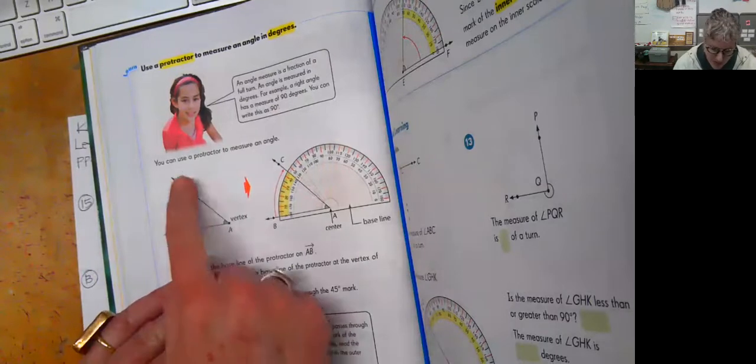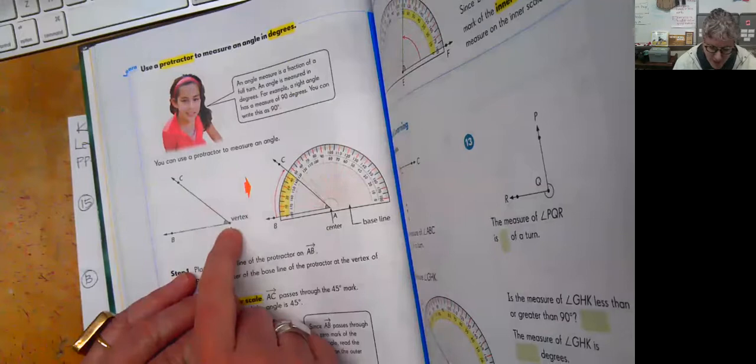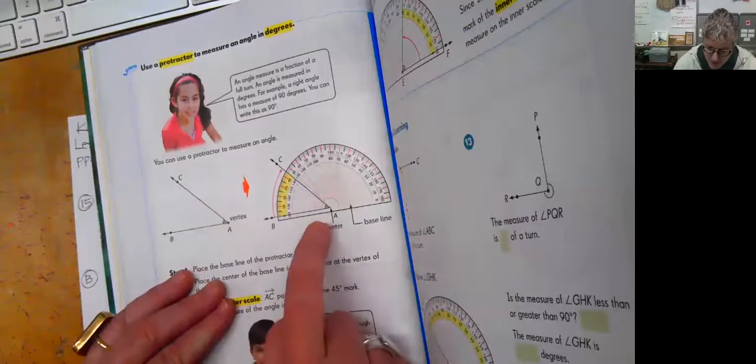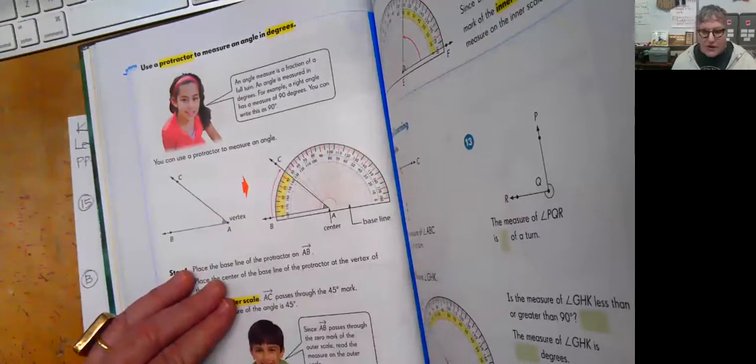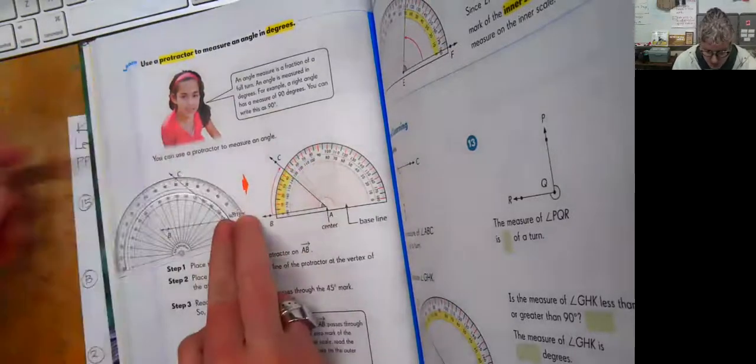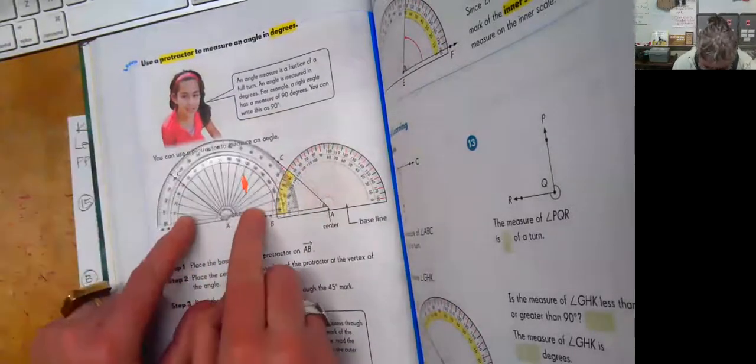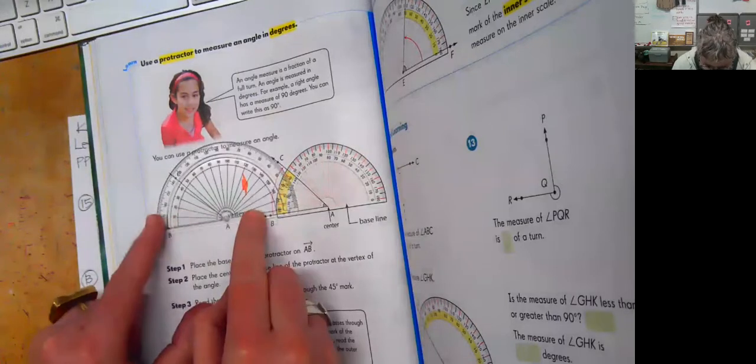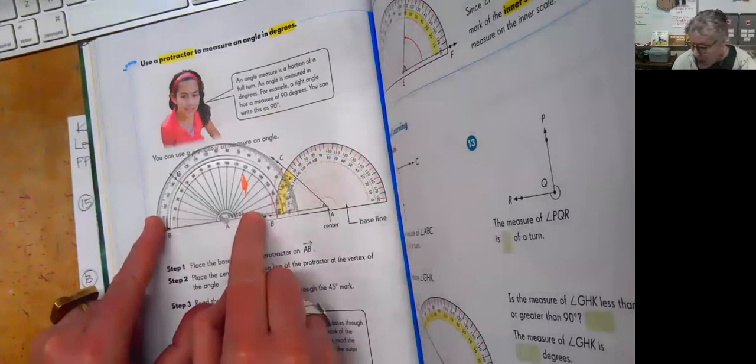So if you're looking at an angle you're going to measure, this is called the vertex, and you're going to put your protractor on this dot right here that's called the vertex. This is what it looks like when you put your protractor on it. I want the bottom line to line up.